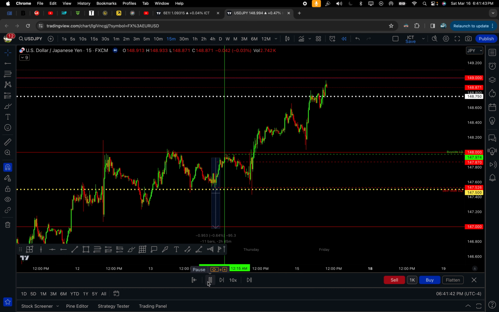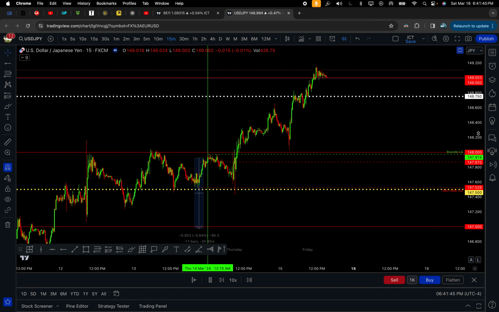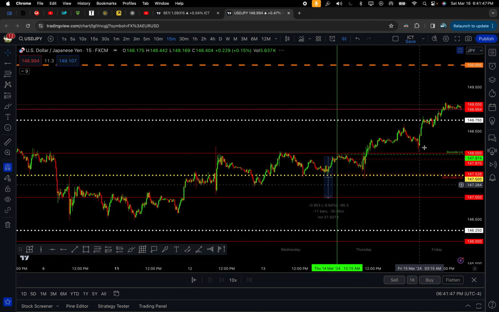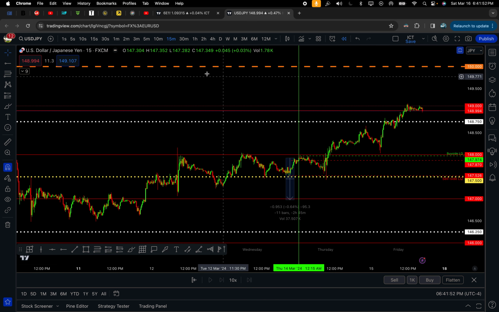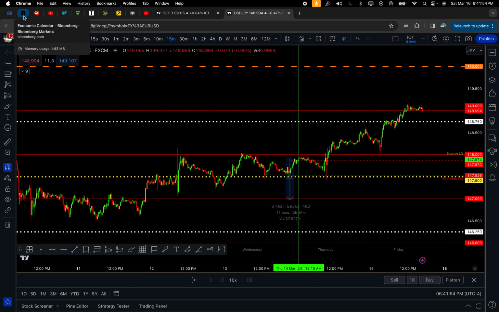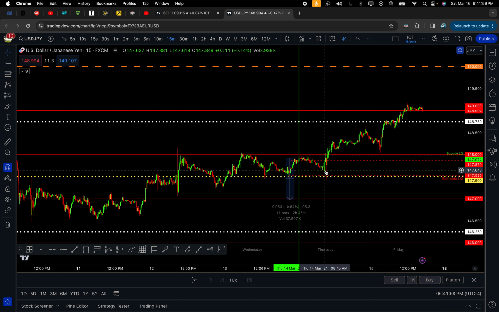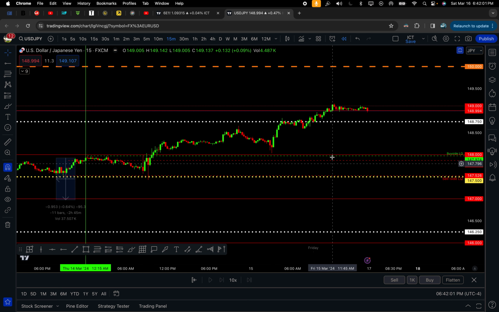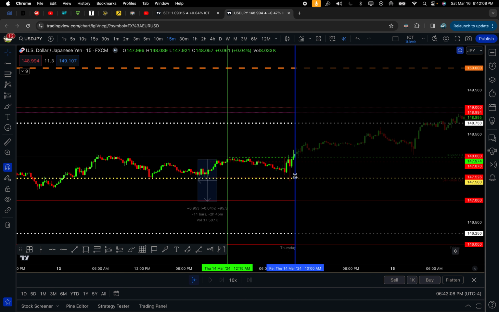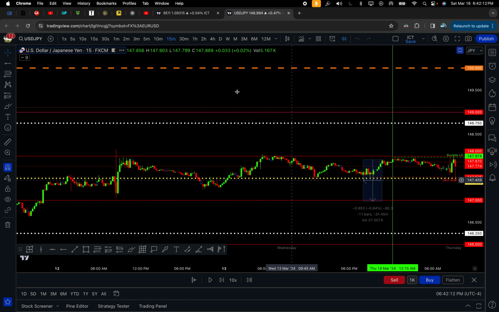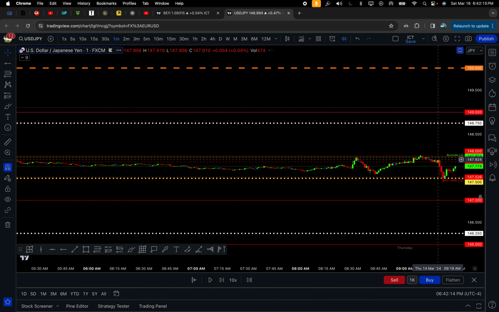Yeah, so right there. Keeps going up. And then now that's where we are. Probably we're headed up to here. It's the 150 level. But I want to look at the news on Thursday, right here.